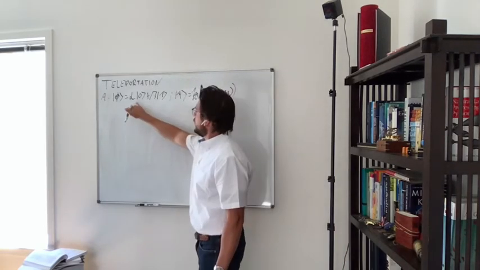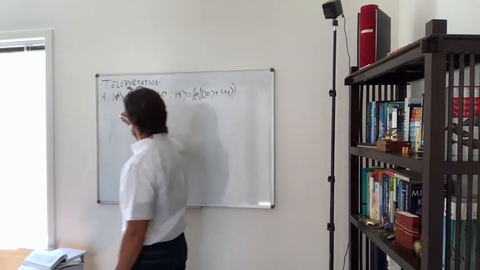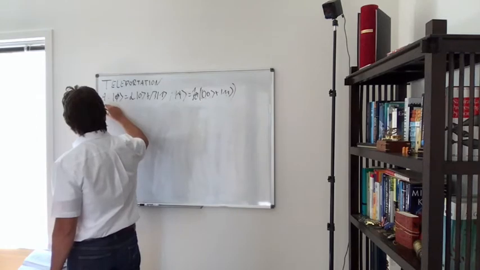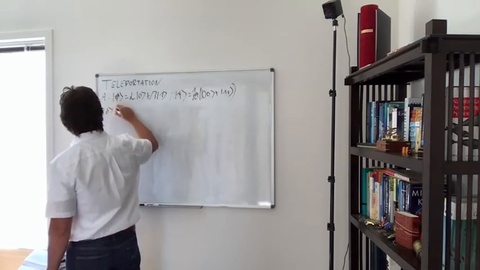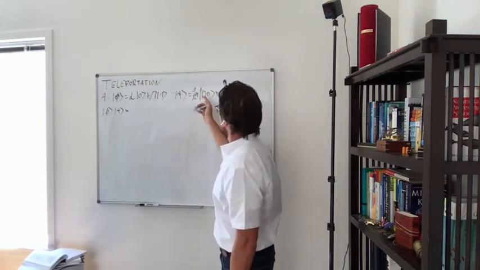So if we start with this initial state here and this shared state, then what we do is we just create the product out of these two states.